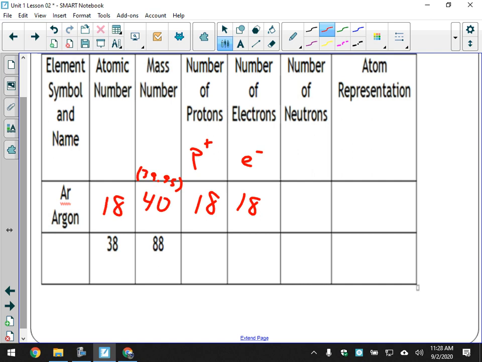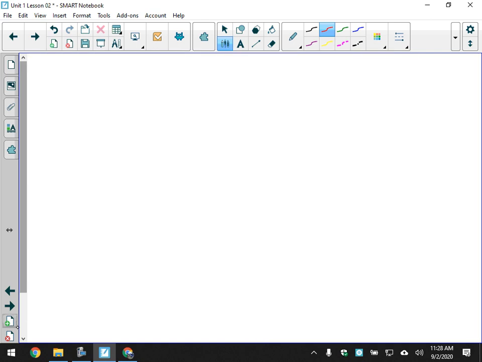And then remember, in the nucleus we have what we call neutrons, yes? That's where the rest of the mass comes from, okay? When we talk about atoms, if you remember back to Bohr diagrams, if we're talking about argon, for example, there's the nucleus. We have 18 protons, and we have something called neutrons as well.